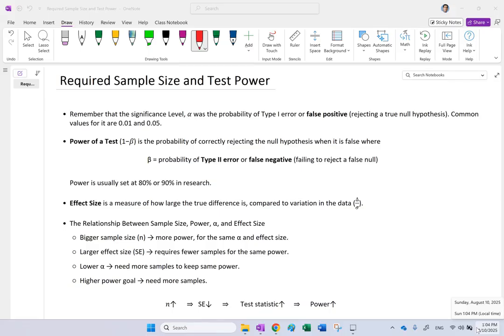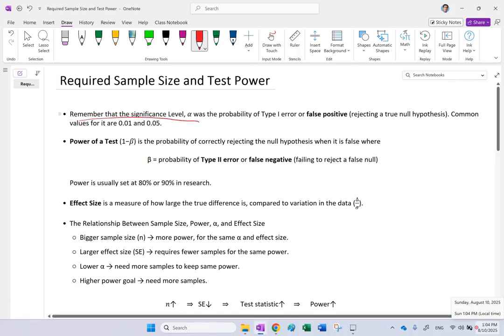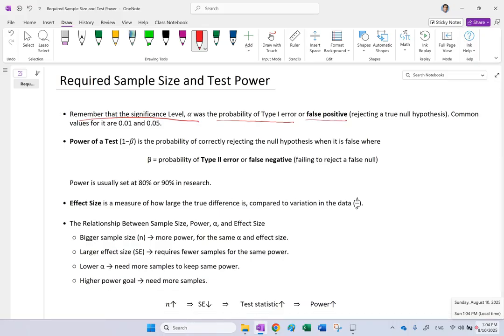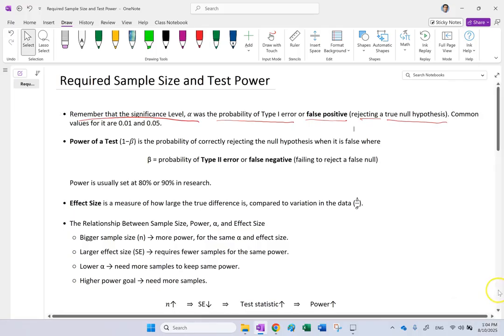So remember, one parameter that we talked about in previous videos was significance level, or alpha, which was the probability of making a type 1 error. What was type 1 error, or false positive? It is when you reject a true null hypothesis. So your hypothesis was correct, but you incorrectly rejected it.